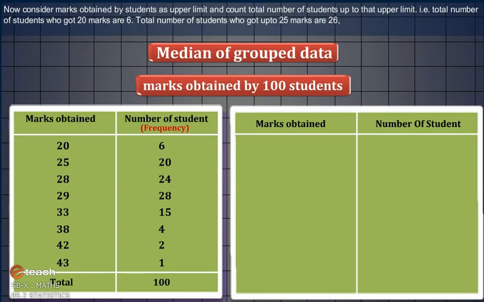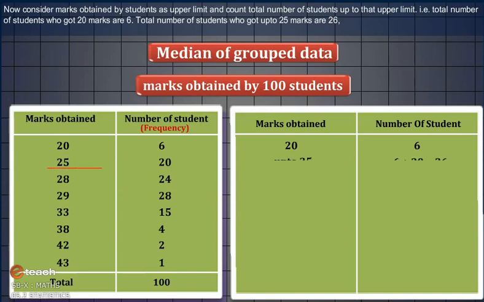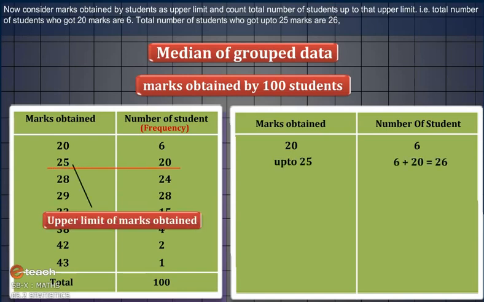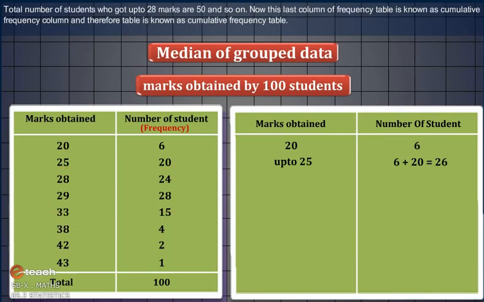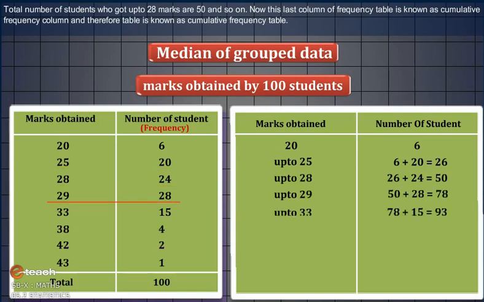That is, the total number of students who got 20 marks is 6. The total number of students who got up to 25 marks is 26. The total number of students who got up to 28 marks is 50, and so on.